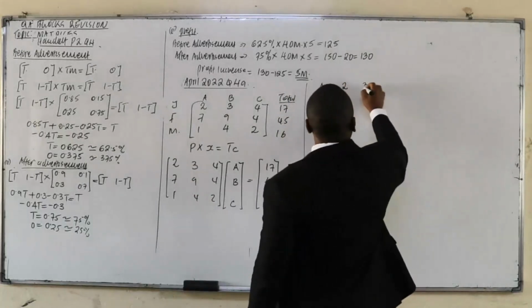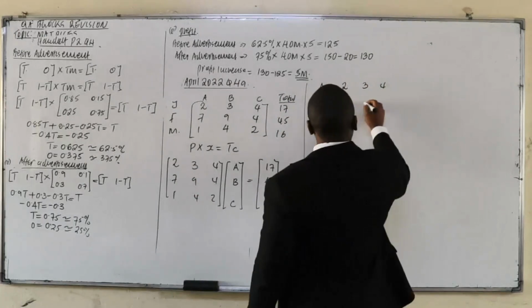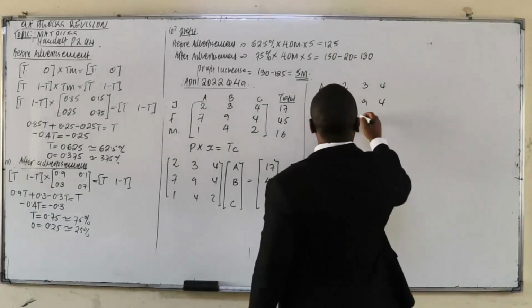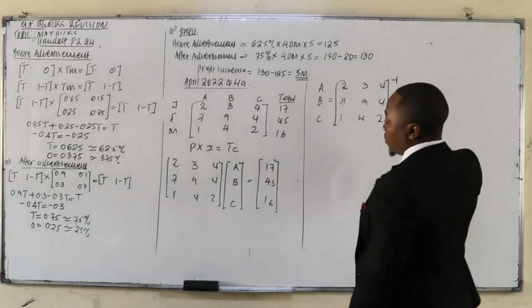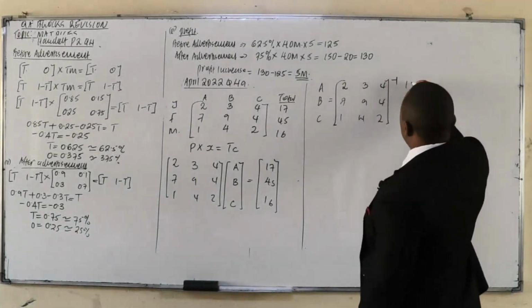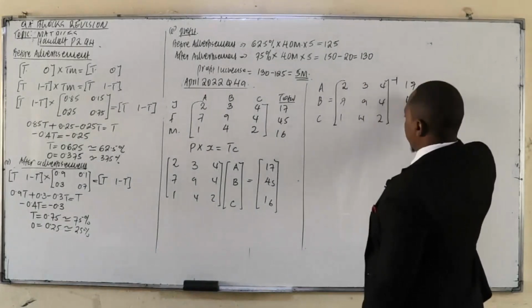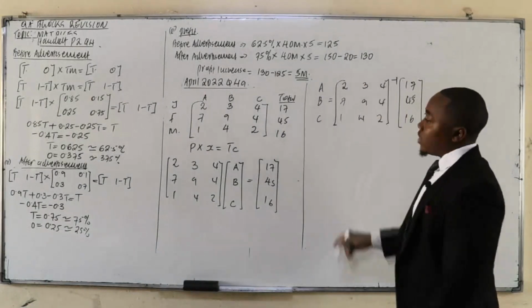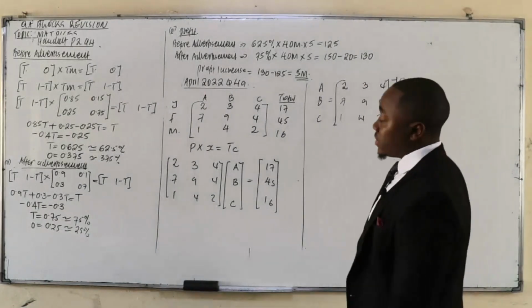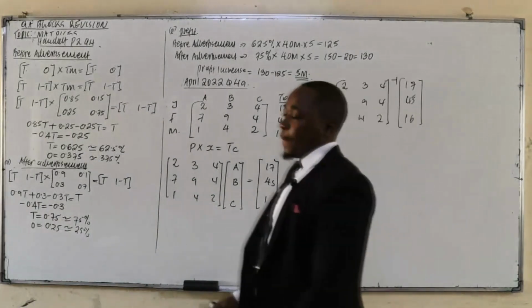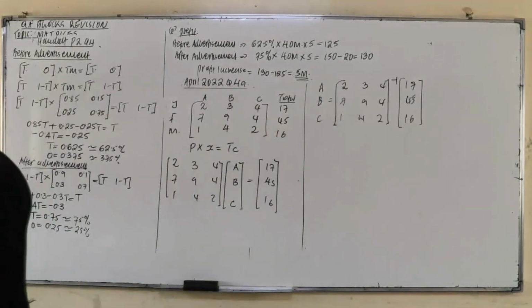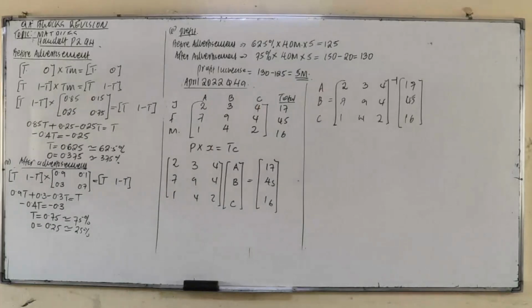So 2, 3, 4, 7, 9, 4, 1, 4, 2: you get the inverse, and then multiply by 17, 45, and 16. You know how to get the inverse of a 3 by 3 matrix. You multiply by that, you get A, B, and C. Good. Now that marks the end.